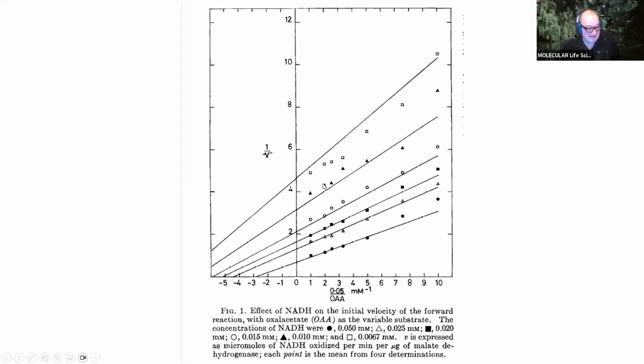Or this line, this doesn't even... And what they do, and they describe how they've done this, is a global fitting of the whole graph against an assumed mechanism. So they've assumed that ordered bi-bi mechanism and fit the whole graph against the assumed mechanism. So none of these lines are fitting to an actual Lineweaver-Burk data set. They're fitting globally to the whole experiment.